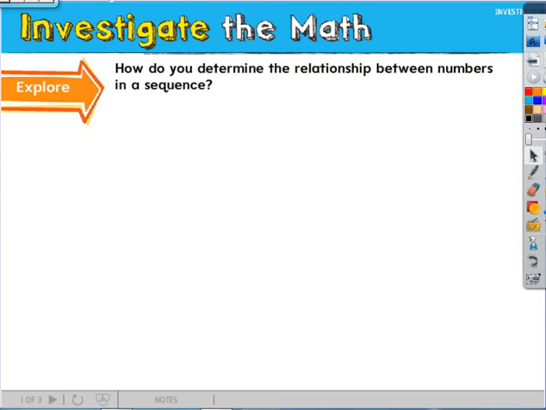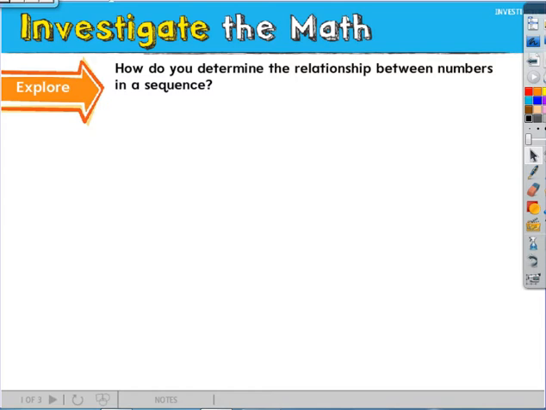Well, you just told me if we counted 2, 4, 6, 8, 10, the relationship between the numbers is you're adding 2, right? Now, what if I went the other direction? I said 10, 8, 6, 4. What's next? 2. Why? We're subtracting 2 now, right?